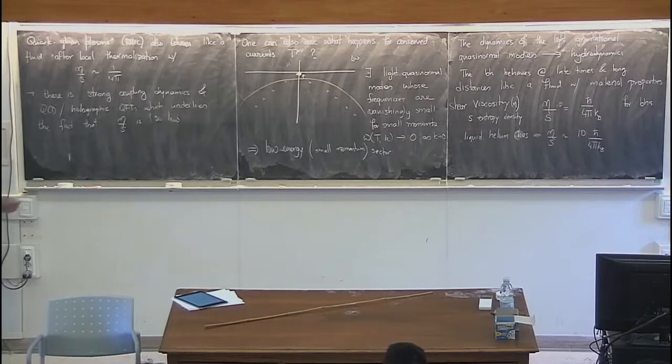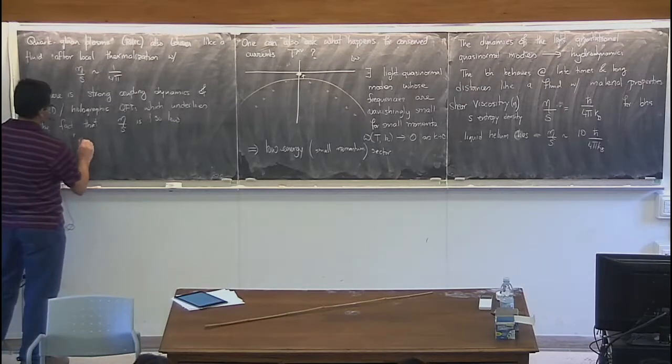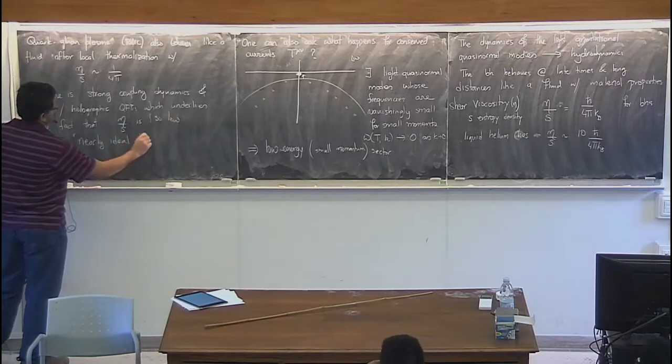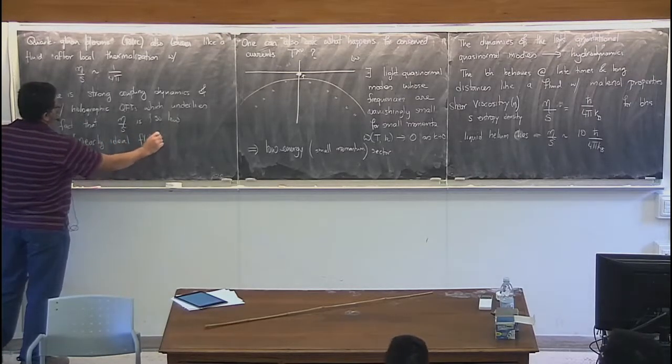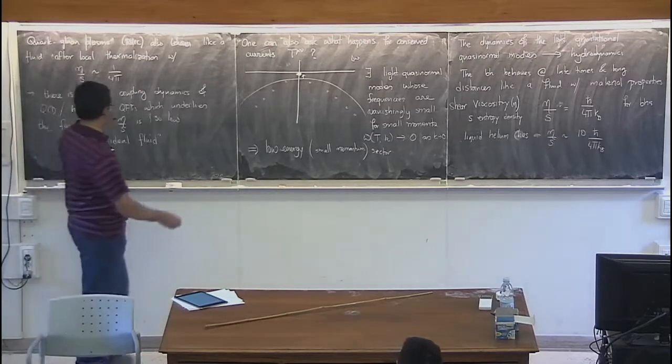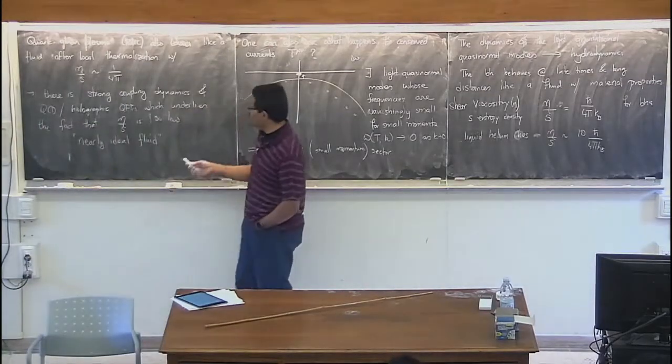Okay. So people have called this quark-gluon plasma a nearly ideal fluid. An ideal fluid is one which is not viscous. A nearly ideal fluid is one which is viscous but by a small amount.